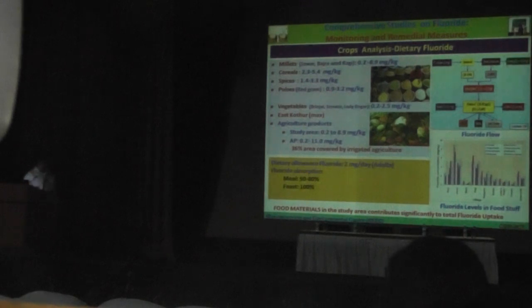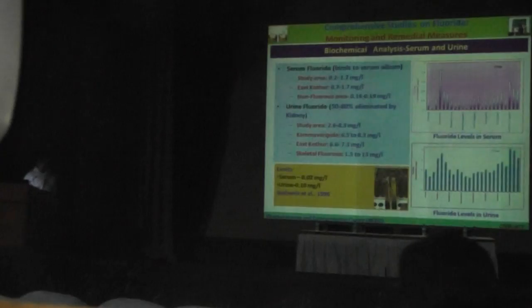And all the dietary materials such as millets, cereals, spices, pulses, vegetables, and other agriculture products showed higher fluoride content than the prescribed 2 mg per day dietary requirement. This is because they are using groundwater or surface water, which has more fluoride content, which is again going into the crops.